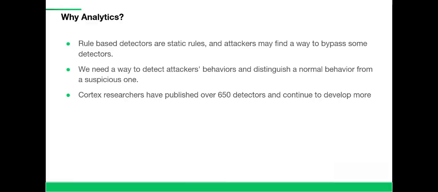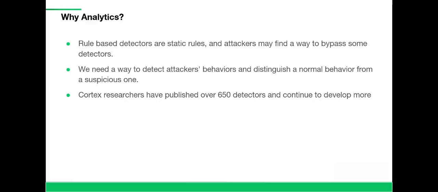So why should we use analytics? As I mentioned, on XIAM we have multiple detection layers, but most of them are rule-based detectors. So they are basically static rules. If the attacker finds a way to bypass some of these detectors, then we don't have other layers of defense. So that's where analytics comes in.